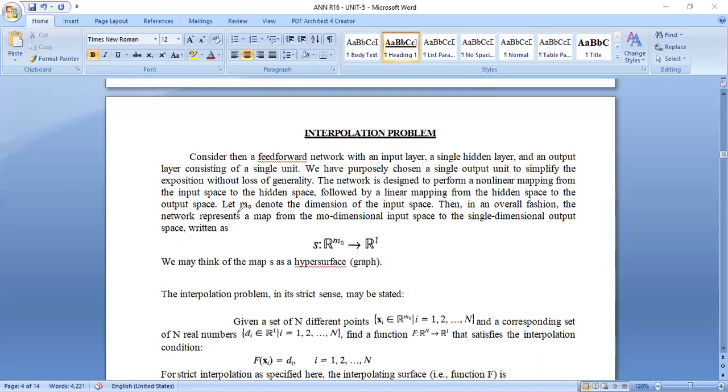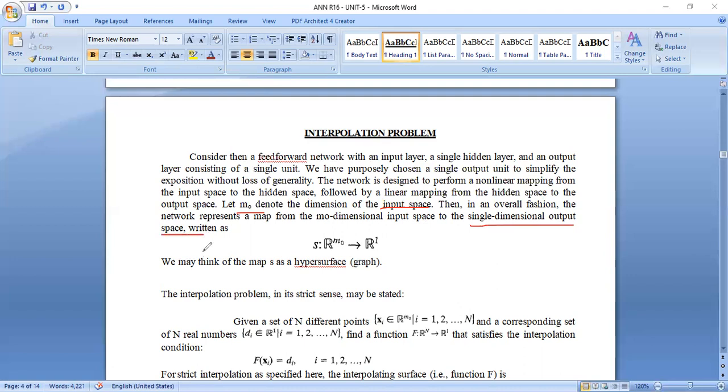Here let M0 denote the dimension of the input space. Then, overall, the network represents a map from the M0-dimensional input space to the single-dimensional output space.